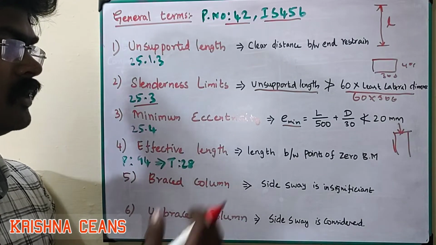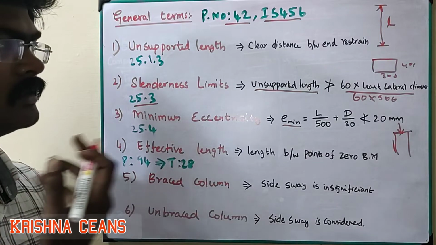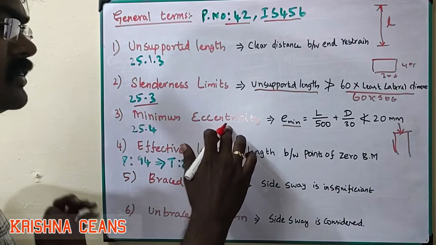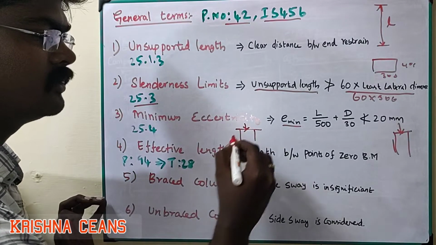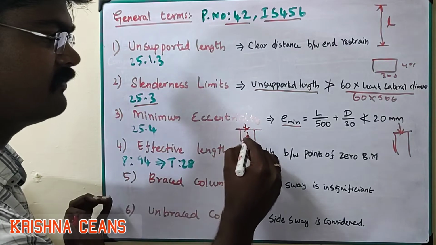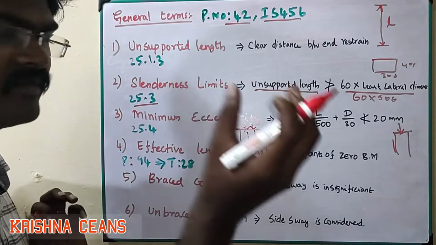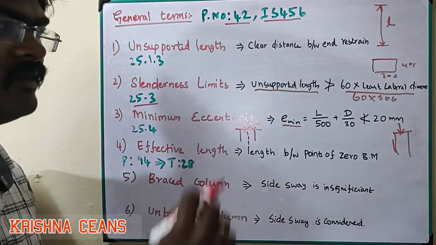If we do not consider e minimum, there are chances the column will collapse. So we always have to check for minimum eccentricity. Eccentricity is nothing but the point of load transfer being away from the center axis. If the distance is away from the center point, there is a deviation, and that deviation has to be checked.